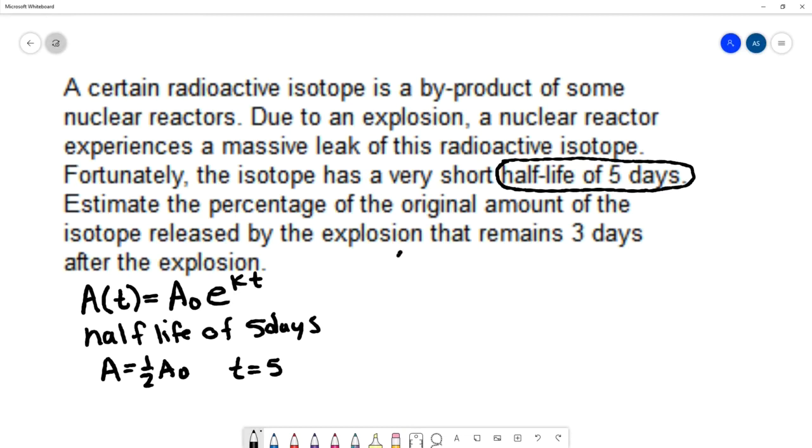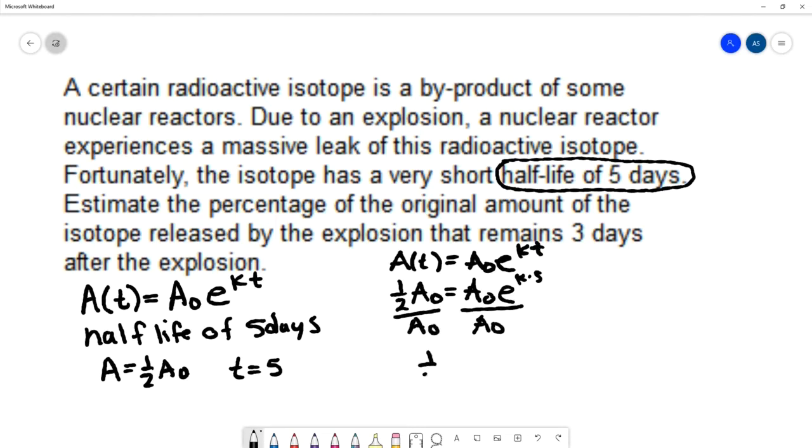So we are going to use our formula. A of t equals A naught e to the kt. Let's substitute in this half-life. We're going to have half of our original amount, and that's in a time of 5 days. So we have 1/2 A naught equals A naught e to the k times 5. I'm going to divide both sides by A naught and get 1/2 equals e to the 5k.